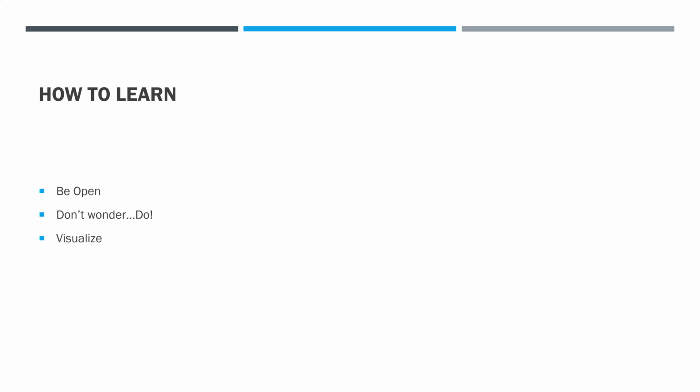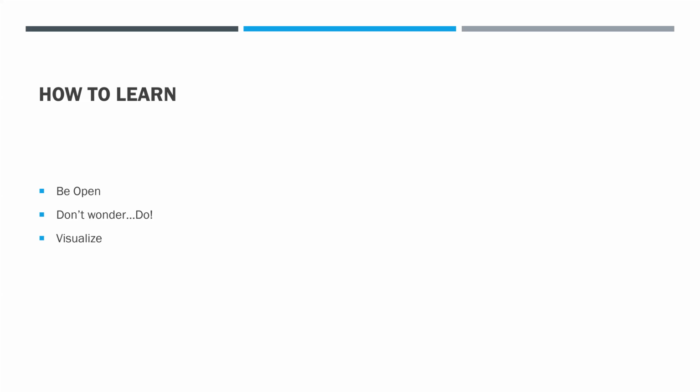Again, this visualization, I think, is really important and helpful. Try to visualize what it is that PowerShell is going to do, or what it is that you want PowerShell to do. If it's a pipeline expression, I need PowerShell to do A and then B and then C. Don't try to write A, B, and C together all at once. Write A, get the result, pipe it then to B, and then add the next part.